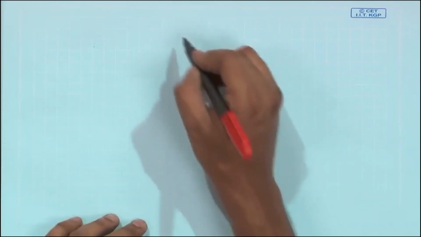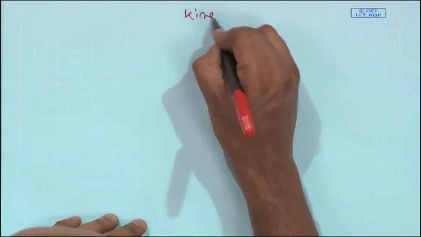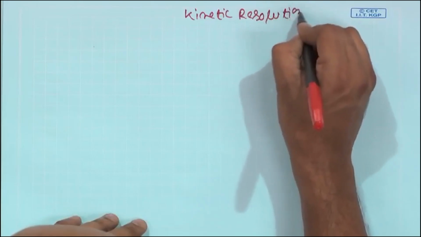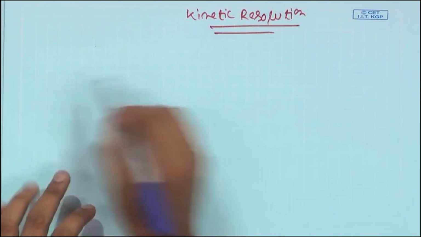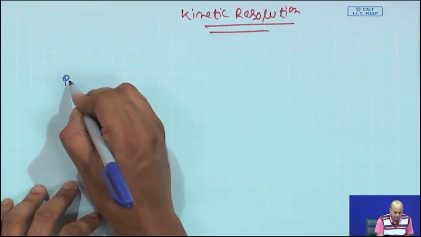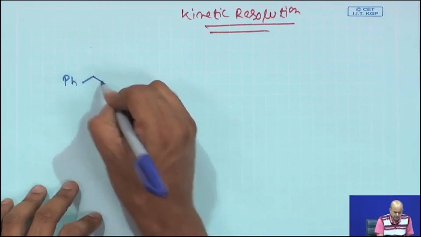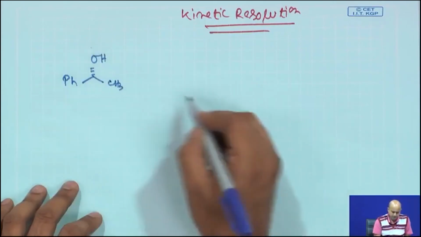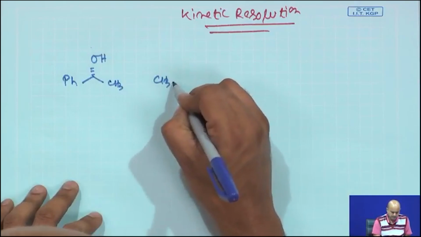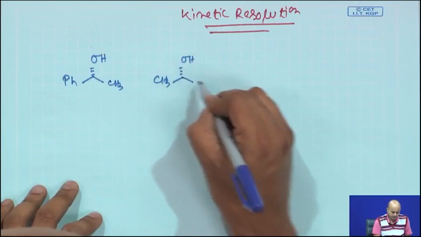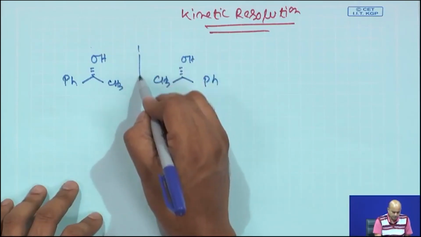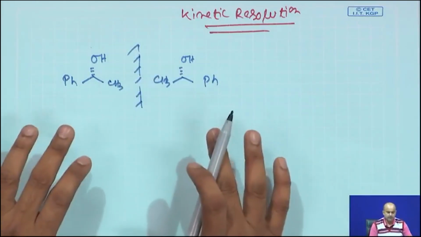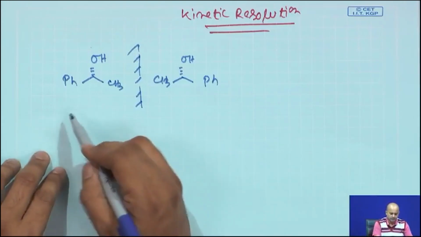And in kinetic resolution, let me try to give you an example. Normally we will not go into much detail. In kinetic resolution, if you have a racemic mixture, say having this particular compound and its mirror image, both compounds are there, they are mirror image isomers. I am saying their rates have to be substantially differentiated.